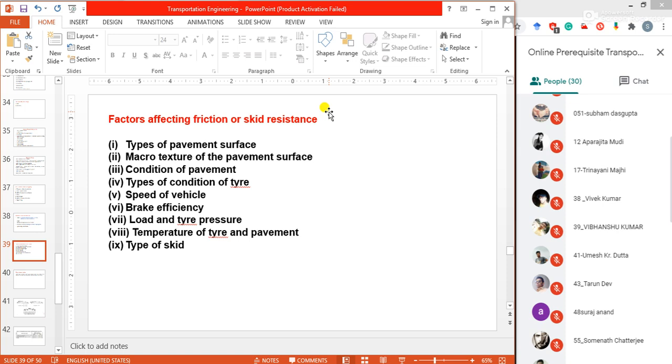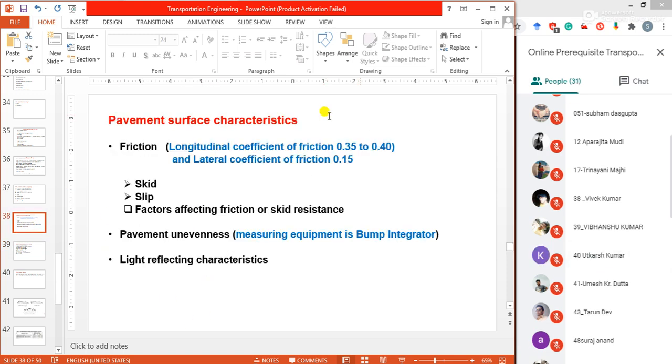For calculation of stopping distance, longitudinal friction coefficient values of 0.35 to 0.4 have been recommended by the Indian Roads Congress, IRC. IRC recommended this value for longitudinal coefficient of friction, 0.35 to 0.4, and these values have been suggested keeping in view the minimum coefficient of friction in the longitudinal direction on wet pavements and after allowing a suitable factor of safety.